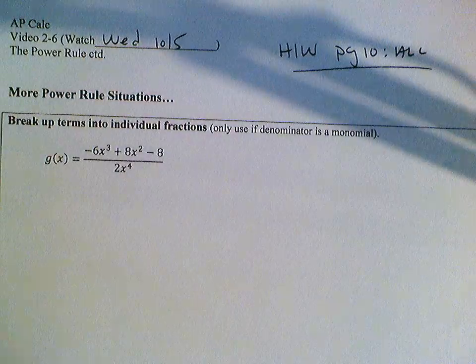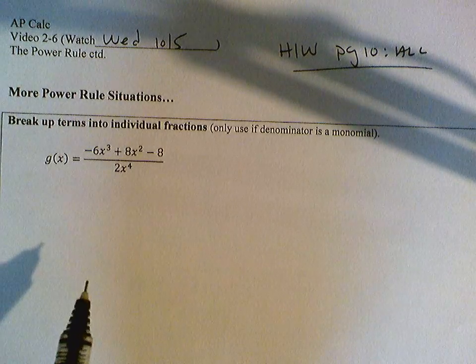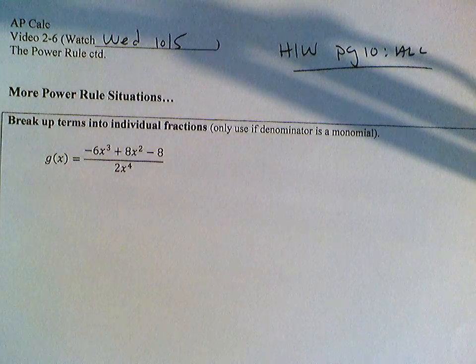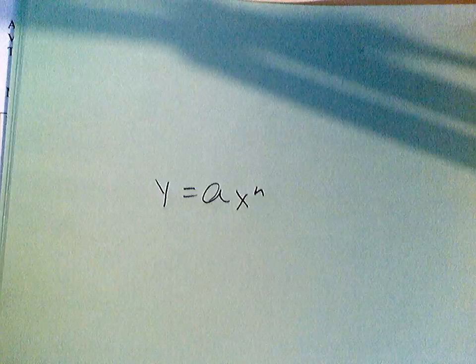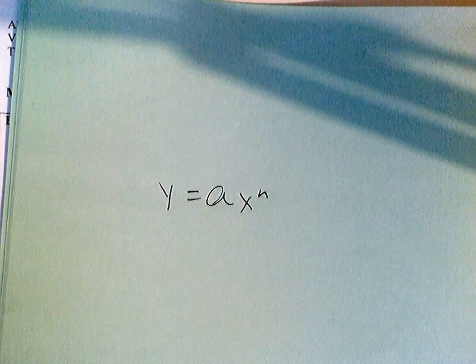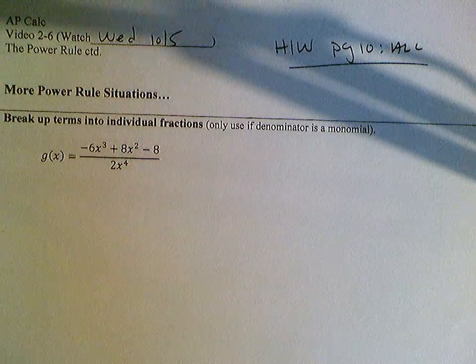So if you look at this first function, g of x, this is not written as a sum or difference of terms that look like this, ax to the n, where a and n are constants. But you can rewrite it to look that way.